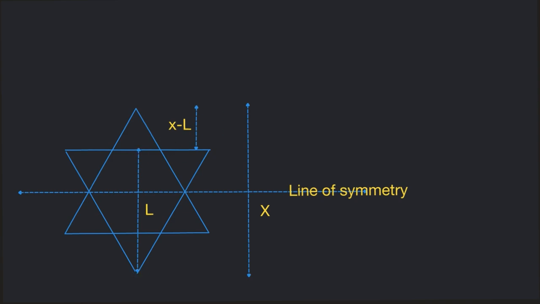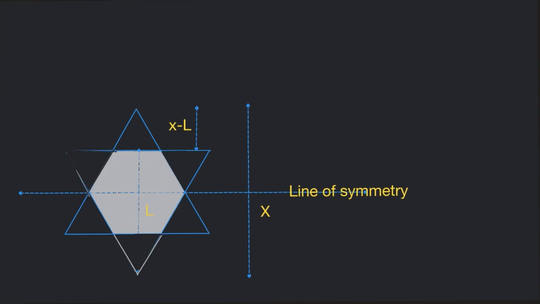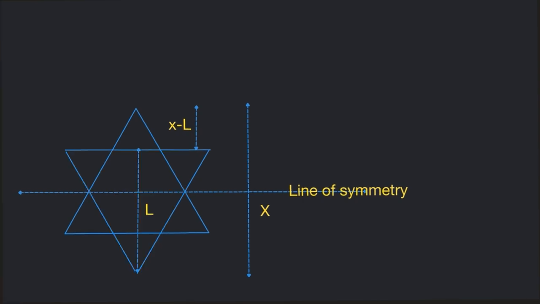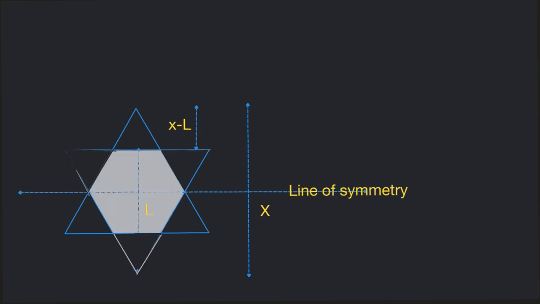Now the area through which the flux will pass is shown here. This is the area common to both triangles, so we have to find this area. The line of symmetry divides this area into two equal parts. Suppose we find the area of the upper part first.